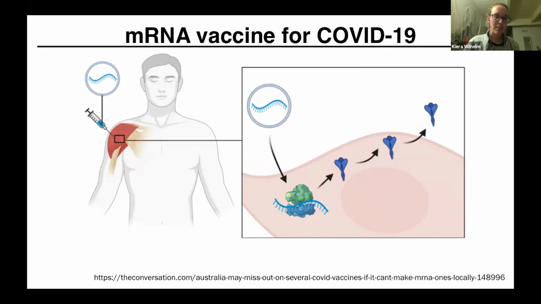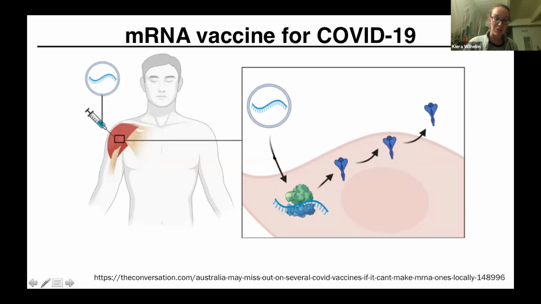So these vaccines, let's see, yes, I have a pointer, are messenger RNA, genetic instructions that can be inserted into our muscle cells, taken up by our muscle cells and translated by our cellular machinery to make the spike protein that we see on the structure of the coronavirus.